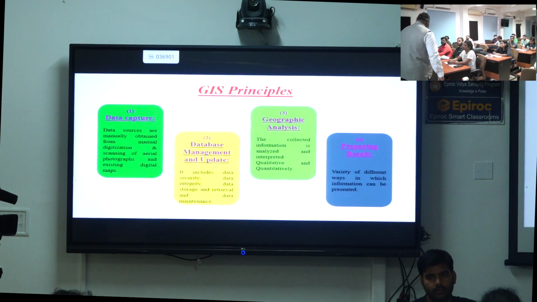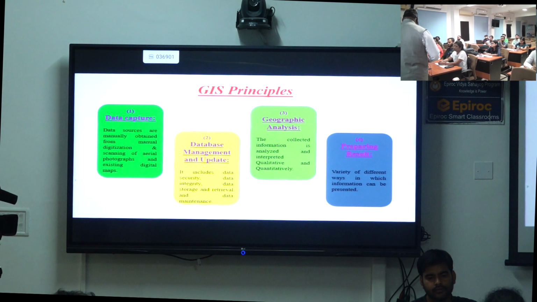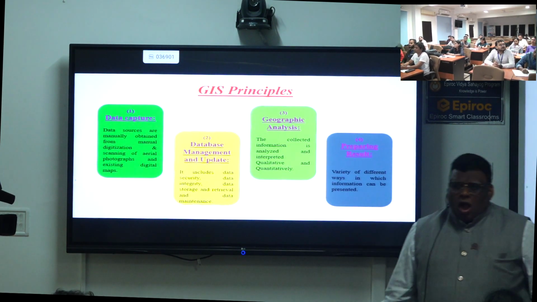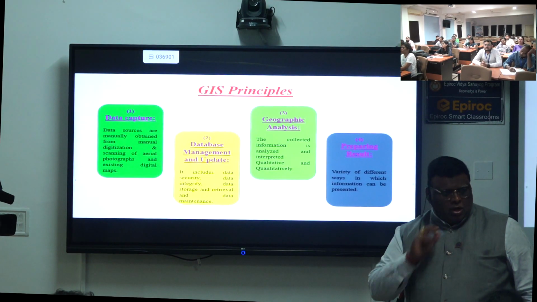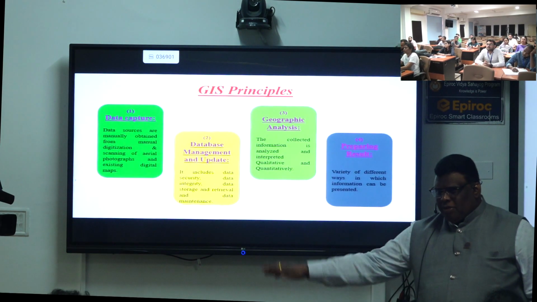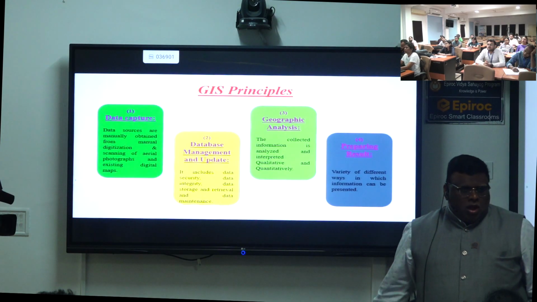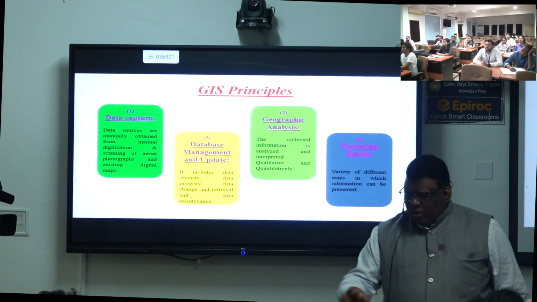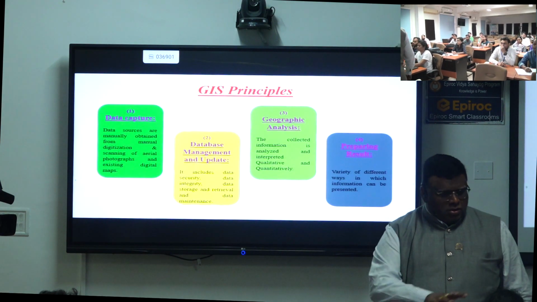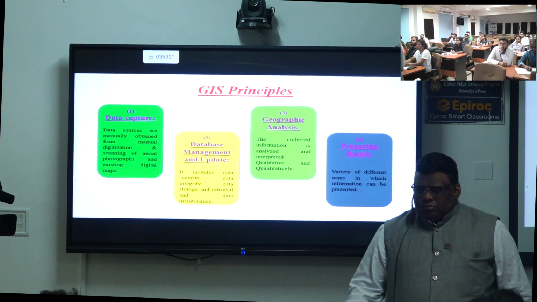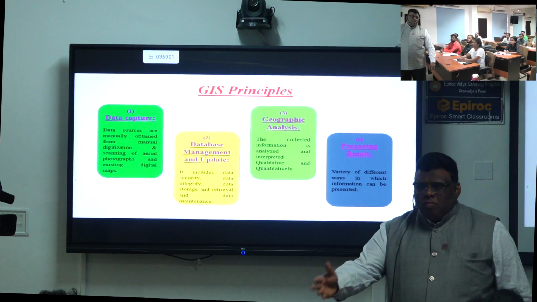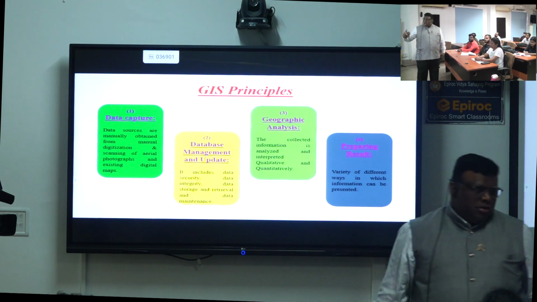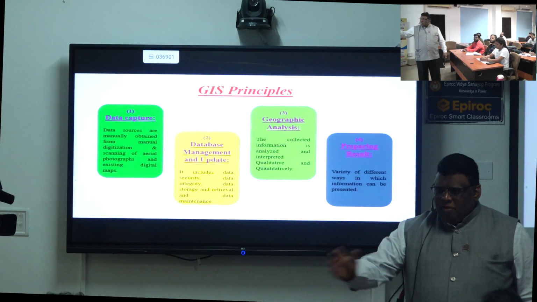For this I have one example. Suppose Dhanbad city is there. You have collected the population data, all those things. Then how can you classify that particular data? You have collected all information regarding the population. In how many varieties can you display the data? One is you can show the lower income, median income and the higher income. Then male, female, transgender.